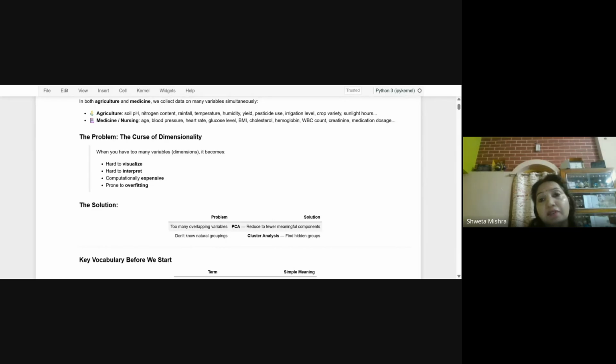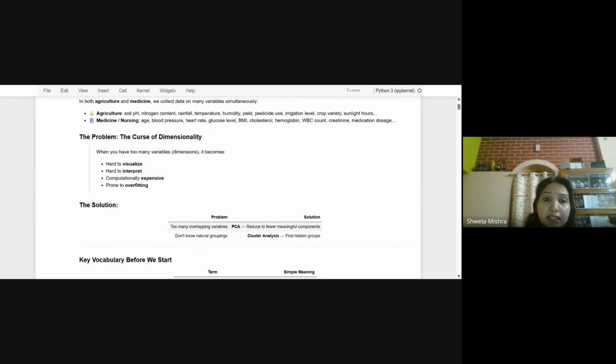When we have 15 kinds of information for one specific field, then for 50 fields it is 15 into 50, so it's a huge, highly dimensional data. Similarly, for a single patient we have 15 to 20 variables, and for 100 or 500 patients, the data is big data.